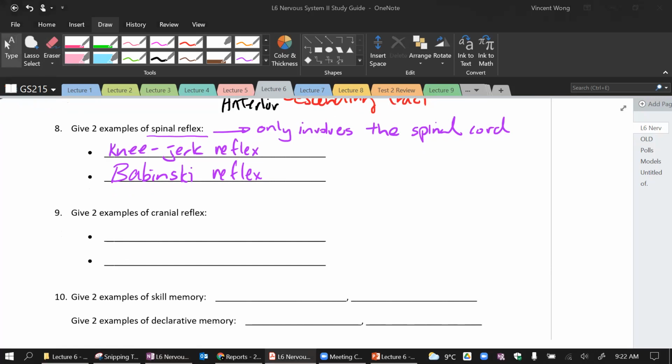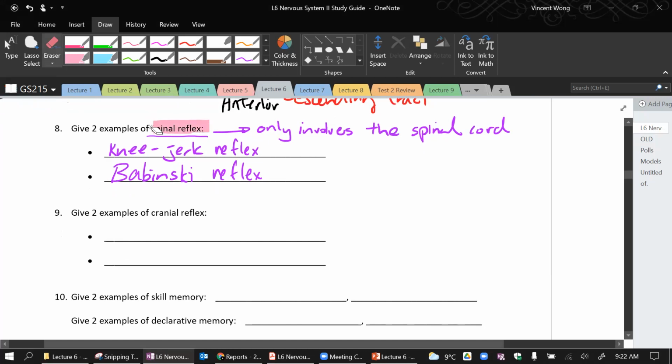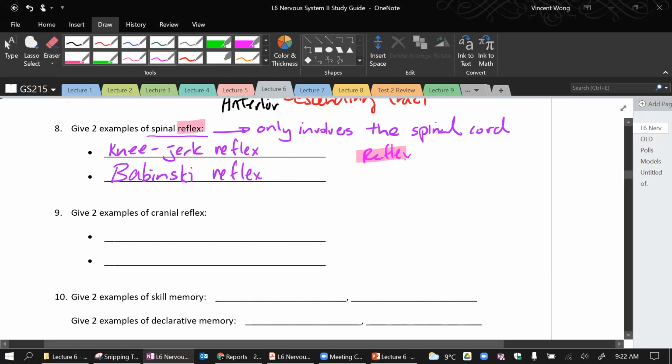And a reflex, in case you need a definition, what is a reflex? It is an automatic response to a stimulus. You don't have to learn this.